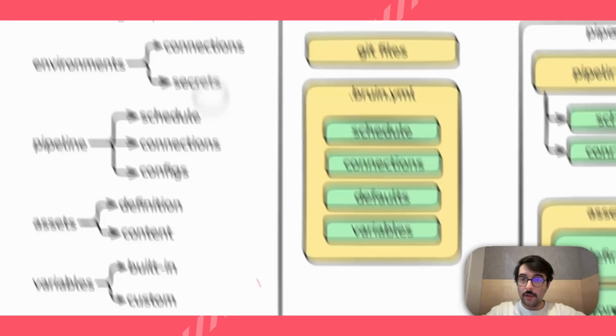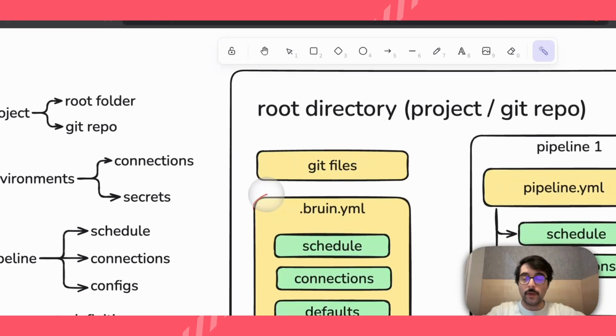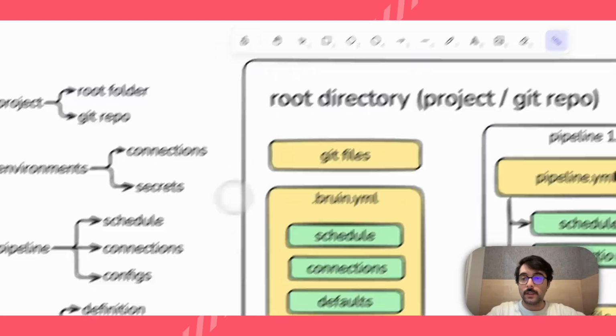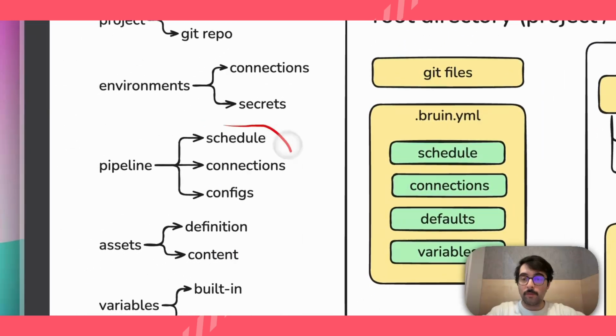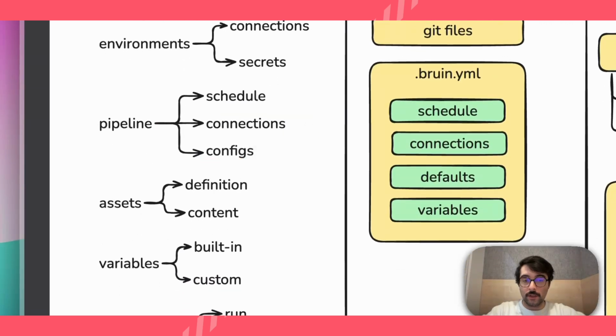All right. So looking at the entire project, you have your project folder where you git initialize it. You have your Bruin YAML configurations and environments and secrets and connections set up. And then you have your pipelines where you set up their schedules, the connections, the configurations, variables, defaults, and all the other things.